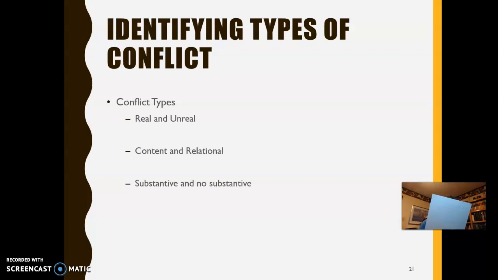Content conflict is over tangible issues, while relational conflict involves relational issues such as control or power. There is substantive conflict and non-substantive conflict. Substantive has the potentiality of being harmful to the relationship, and non-substantive is not harmful to the relationship.